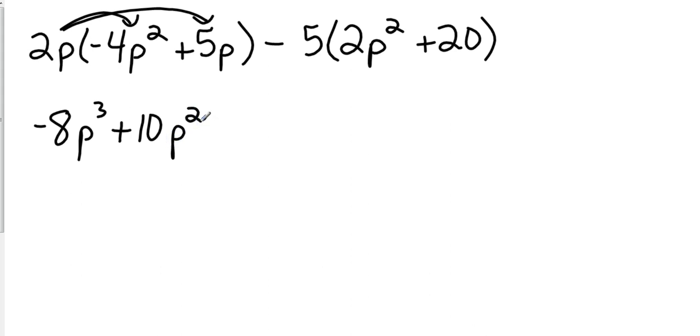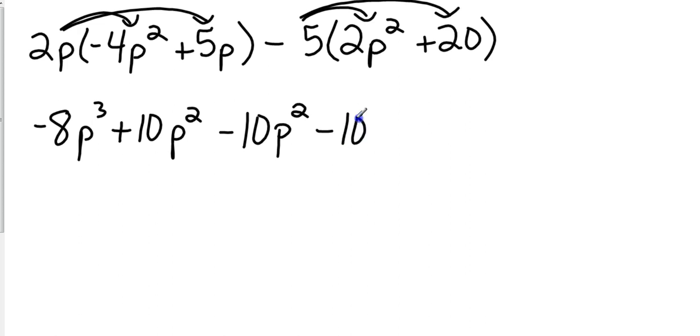Now over here, we've got negative 5 times positive 2, so that's going to be negative 10. And then it's just p squared because there is no p connected to the negative 5. And then negative 5 times positive 20 is negative 100. Now here's where we go one step further. We see that there are 2 terms here that have p squared connected to them.